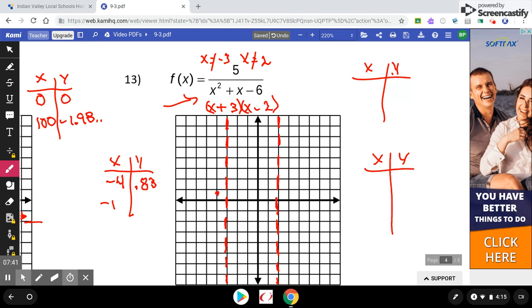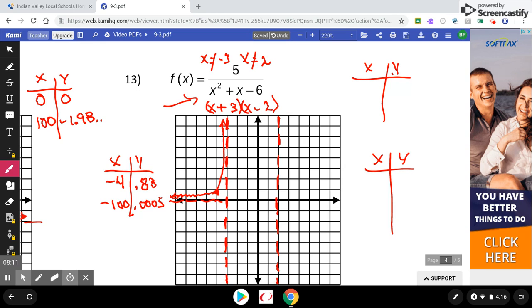If I plug in negative 100, which is a big number, and it'll tell me where I'm getting close to, it ends up being 0.0005, which is awful darn close to 0. Now I'm going to leave the dashed line out of the middle because the asymptote doesn't necessarily go all the way across the graph. So my graph gets really close to that, and really close to that. All right, tough to draw. I will definitely give you that.